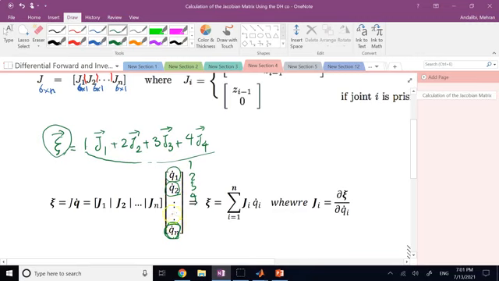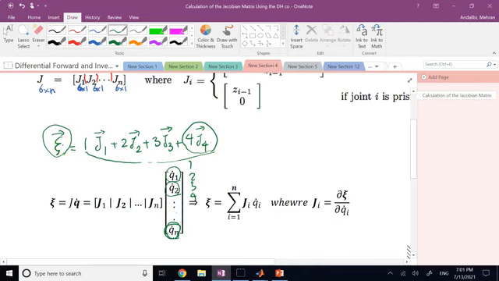The joint that rotates faster or moves linearly faster, the J column for that joint also plays a bigger role, a bigger contribution to zeta, okay? So you clearly see the physical meaning of the columns of J and zeta.